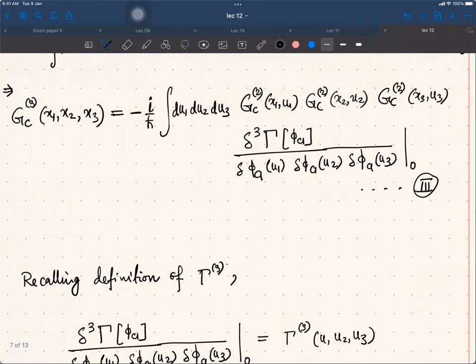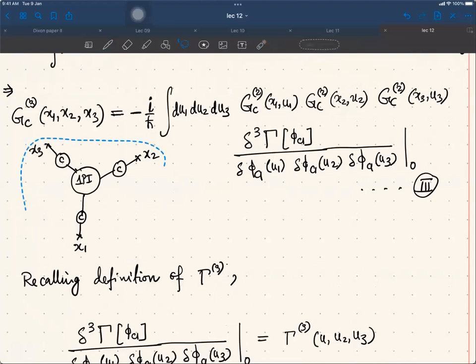So it is 1PI u1, u2, u3. That is what a connected 3-point function is.